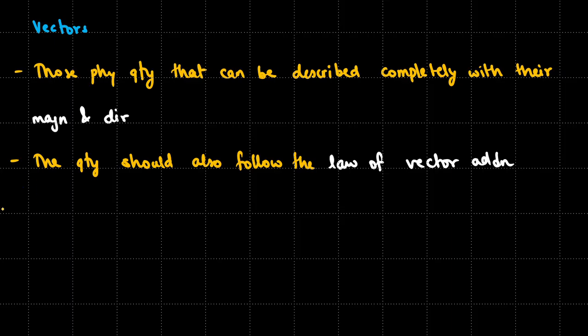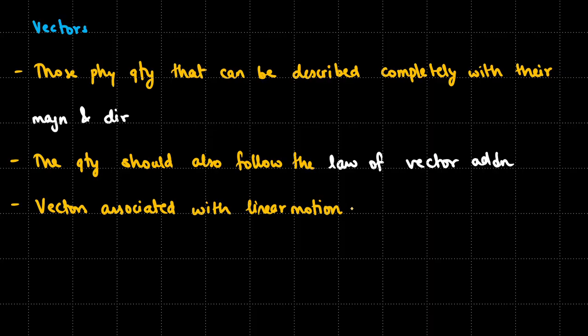Also, after that, let's talk about a few new terms related to vectors. So vectors associated with linear motion, and linear motion generally means when we are talking about straight lines, are polar vectors.